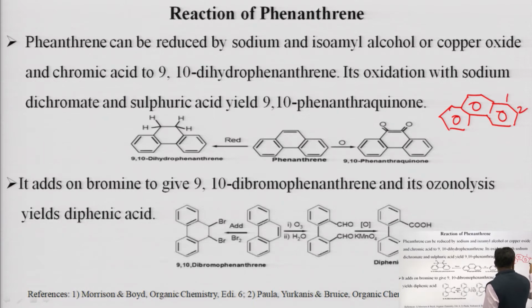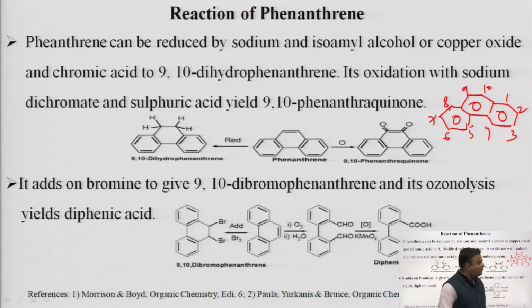Numbering we have also discussed: 4, 5, 6, 7, 8, 9 and 10. So this is the structure of phenanthrene, and we can number the ring like this.